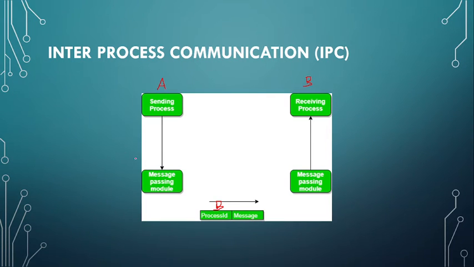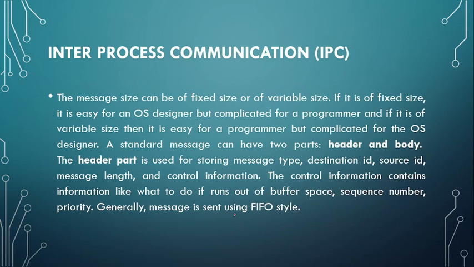As well, if we have a mailbox, then process A sends a message to the mailbox and process B will receive the message from the mailbox. The message size can be of fixed size or of variable size.